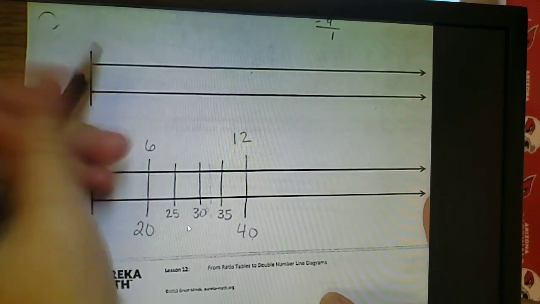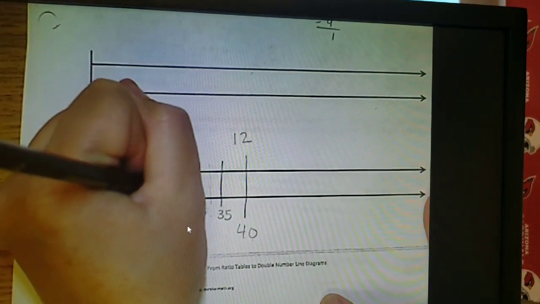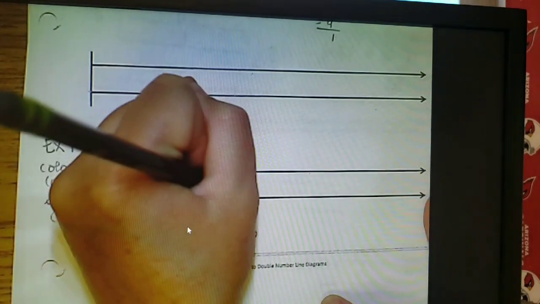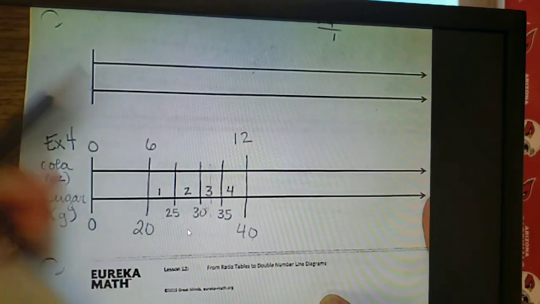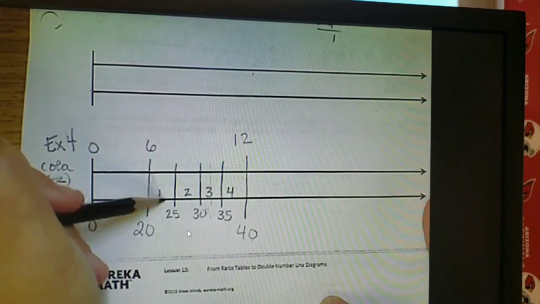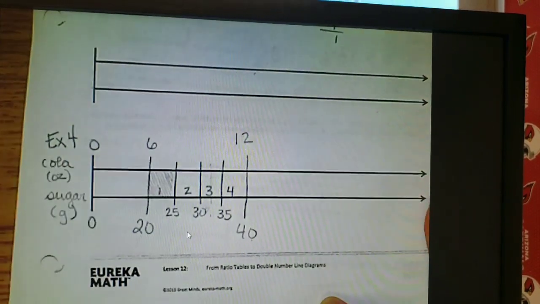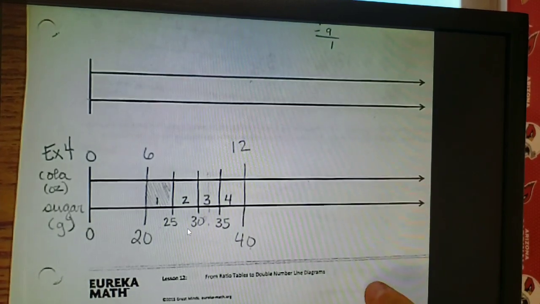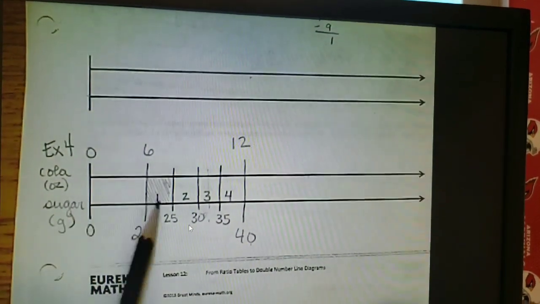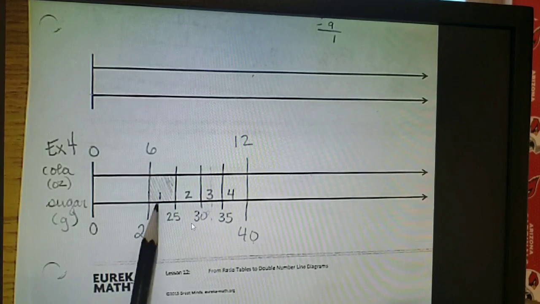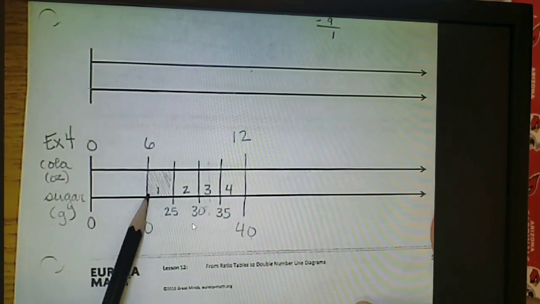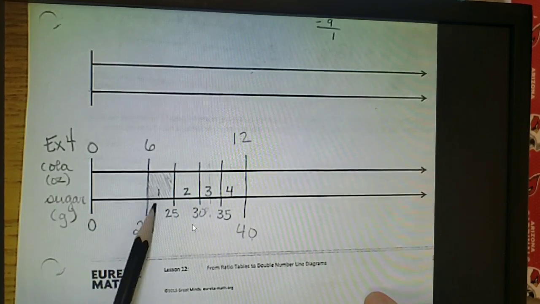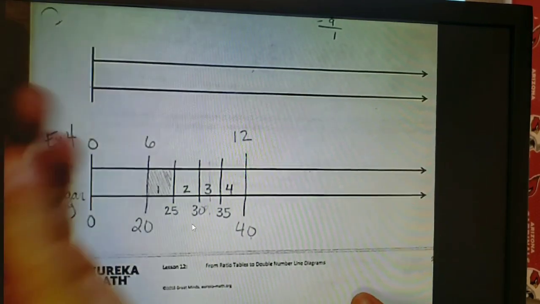We have 1 section, 2 sections, 3 sections, 4 sections. We are going to 25, so that's how far we need to go. So in this graph, we have 1/4 of it shaded in. That's where we're getting 1/4 of our graph.